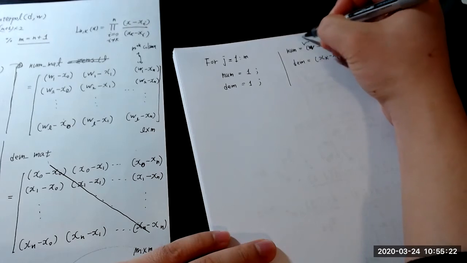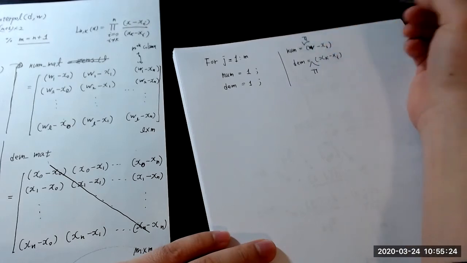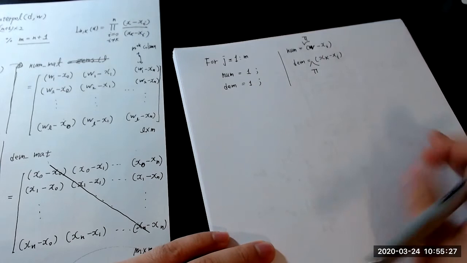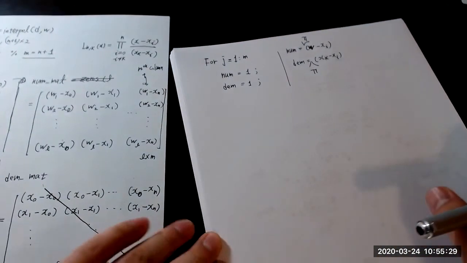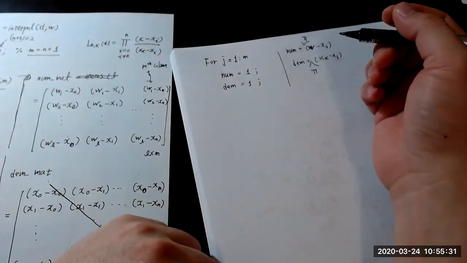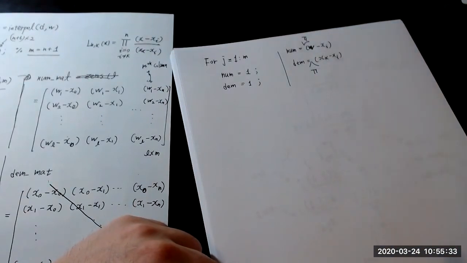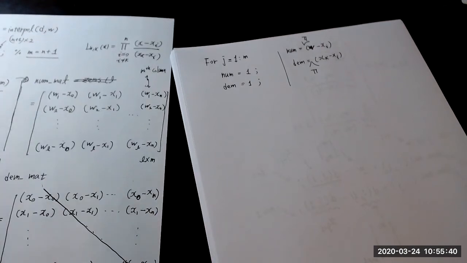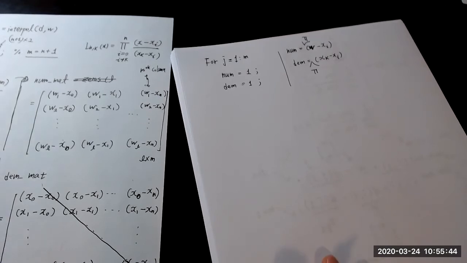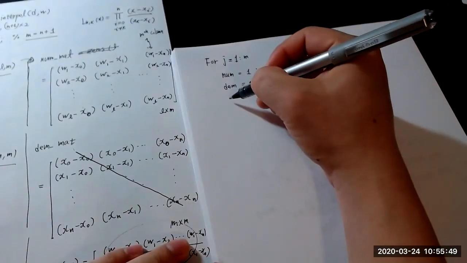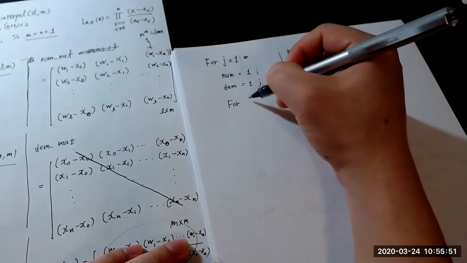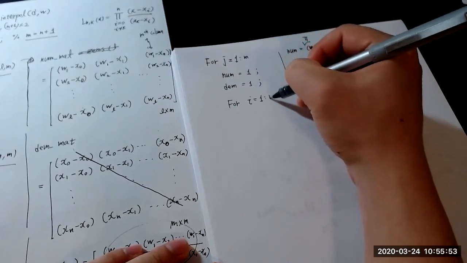I mean, the product. Okay, so give me a second. See over here, and then for I goes 1 through the m.